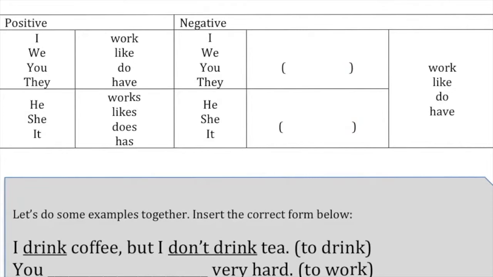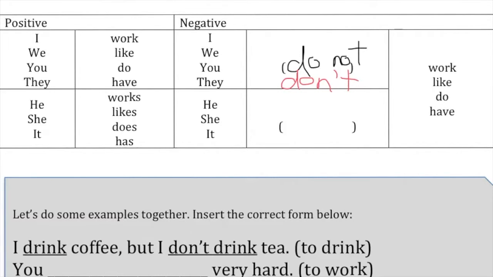Here we have this helping verb. And I'll show you what to do. So, you have for I, we, you, they: do not. And as you know, that becomes don't.